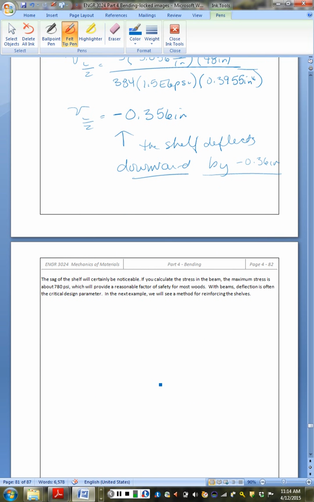And in a lot of cases, the deflection is really a more important design consideration than the actual stress numbers. If you do stress in this beam, you would see that the maximum stress is only about 780 psi, which is really low in the scheme of things, or gives you a very high factor of safety.